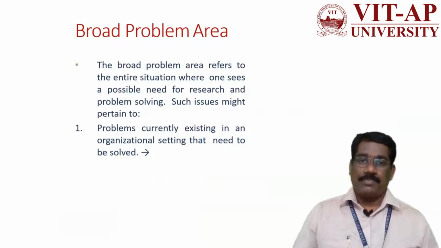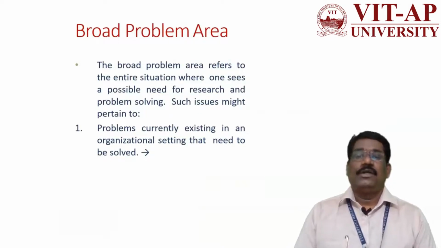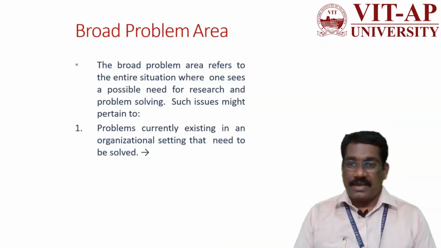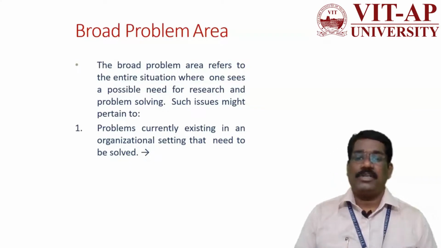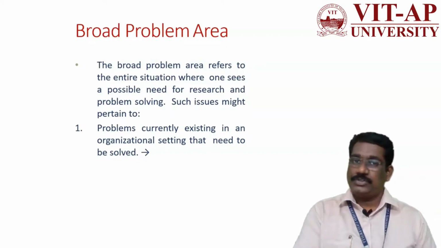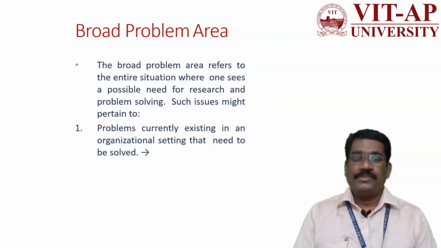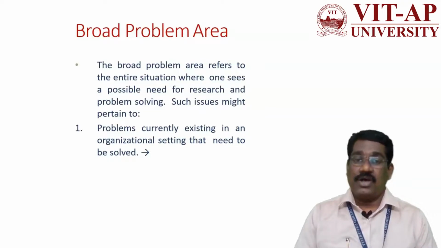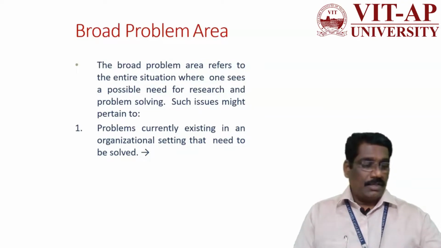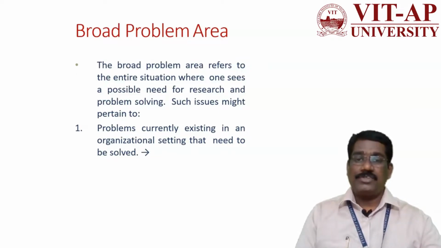So what is the broad problem area? The broad problem area refers to the entire situation where one sees the possible need for research and problem solving. Such issues might be related to the problems currently facing an organization that need to be resolved. So the manager's prime job is to identify the broad problem area.